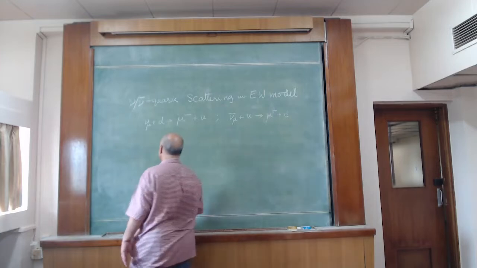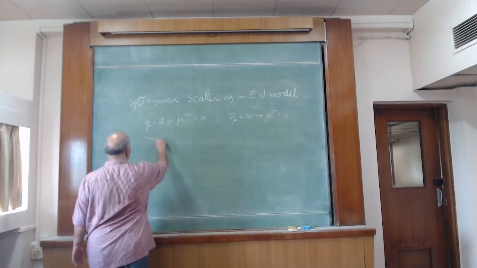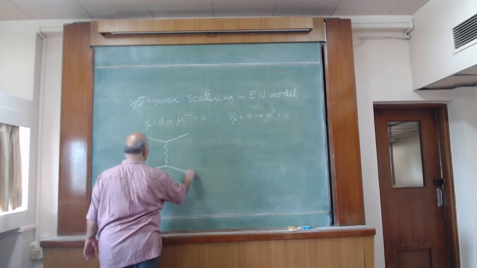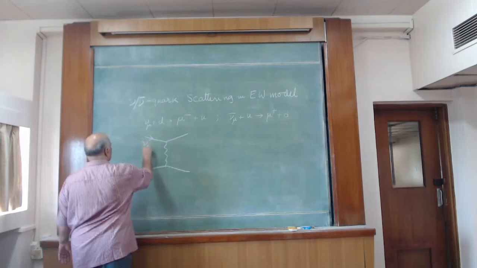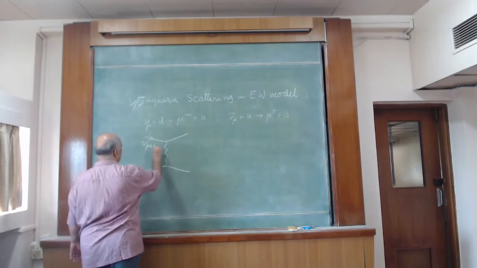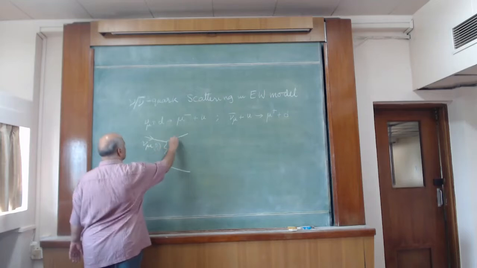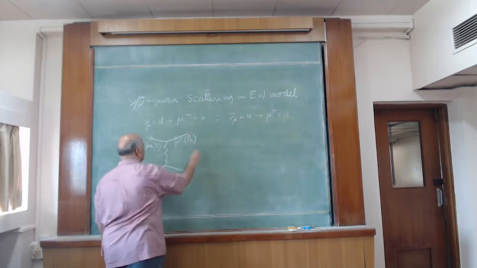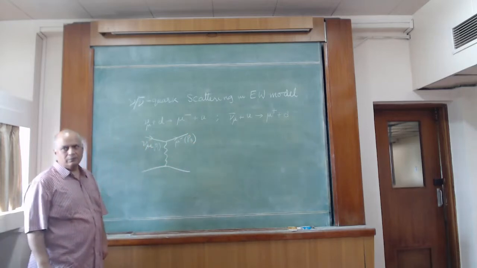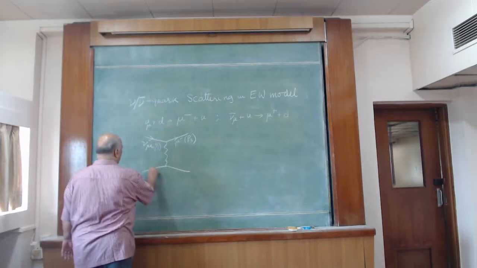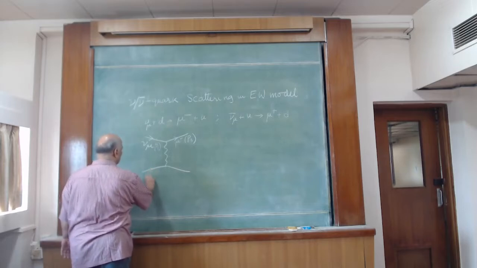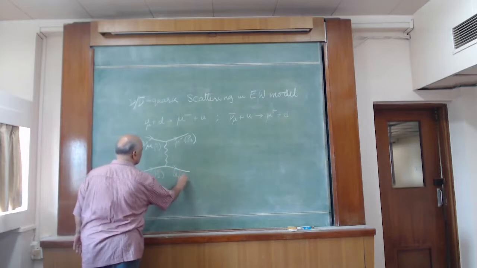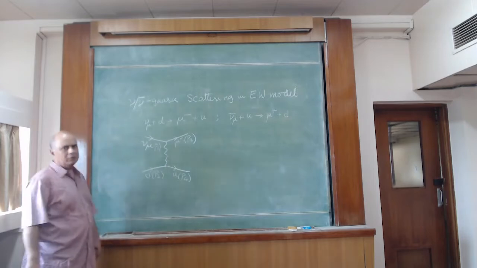And we can draw the following Feynman diagrams. Mu neutrino going like this with momentum P1 and producing a mu minus with momentum P3, and a down quark with momentum P2 producing an up quark with momentum P4.